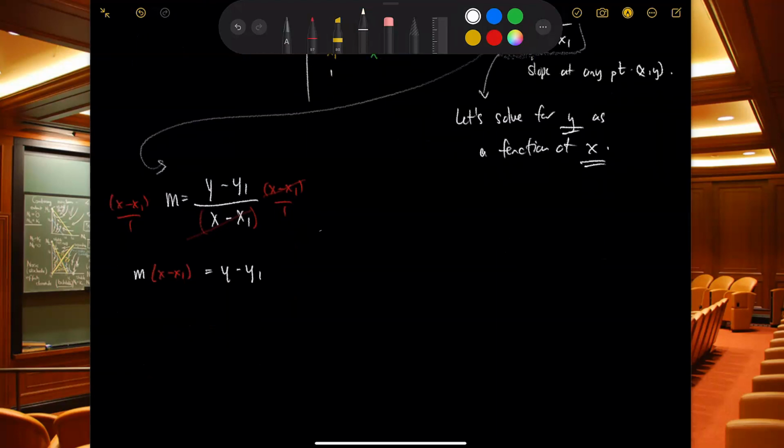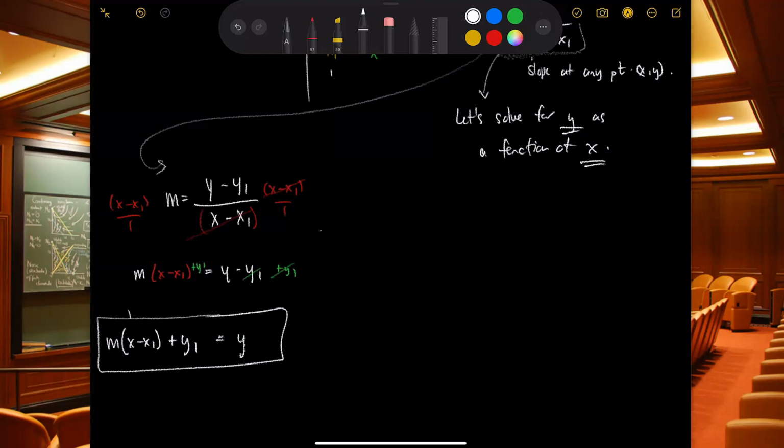And then again, x1, y1, you can think about this as being the point 1, 2. They're just constant numbers. So what I'll do is add y1 to both sides to cancel these out here. And we'll be left with y equals m times x minus x1 plus y1.